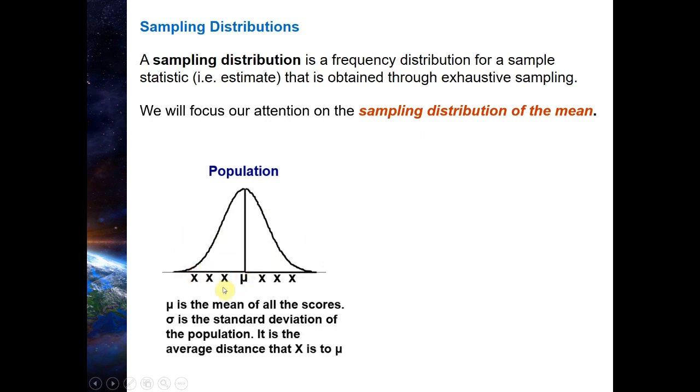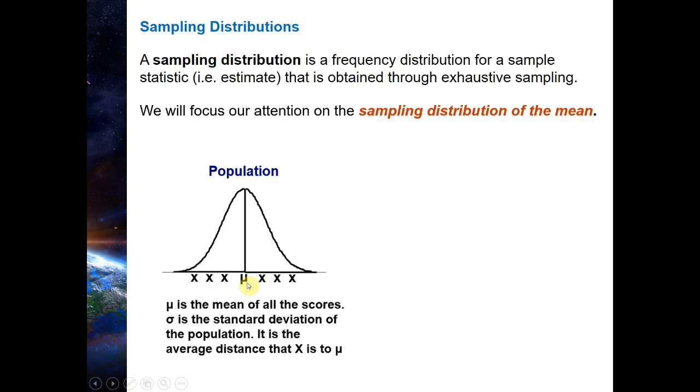All right, so let's say you have this population. What you would plot on the x-axis are all the raw scores, right? So if this is IQ or weight or extroversion or optimism, whatever this is, you plot everybody's score in the entire population, and then the mean of all these scores is mu.